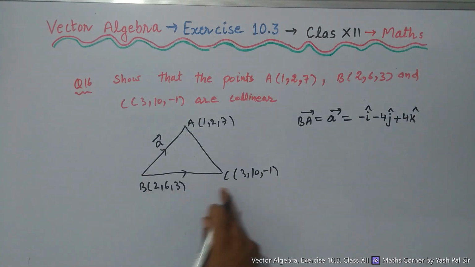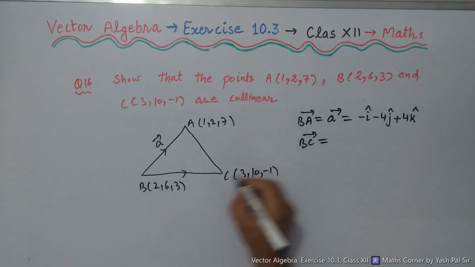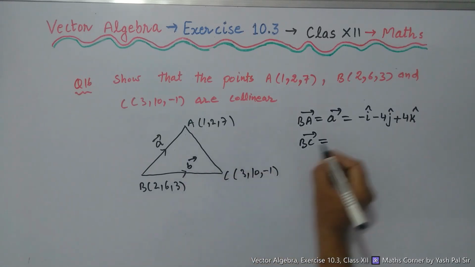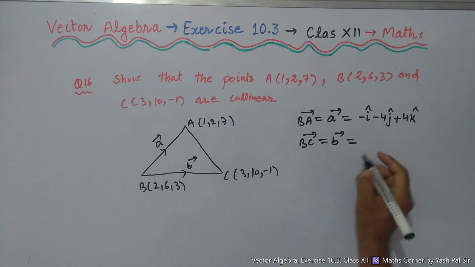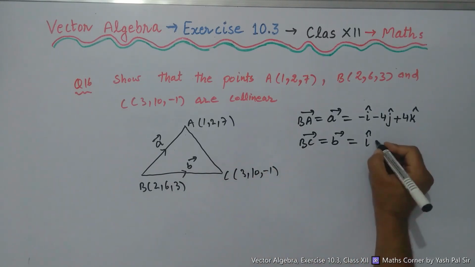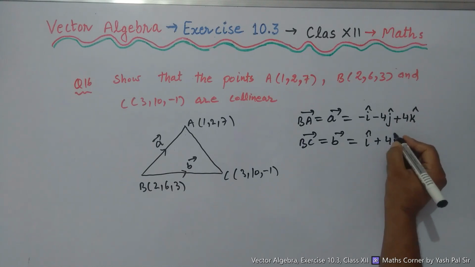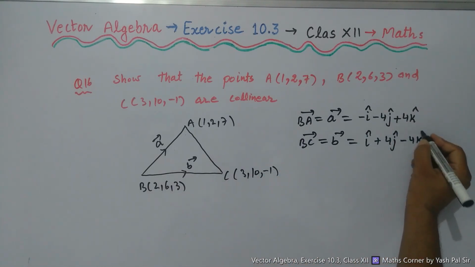Similarly, the BC vector, in short vector B, is equal to (3 minus 2) i plus (10 minus 6) j plus (minus 1 minus 3) k, that is i plus 4j minus 4k.